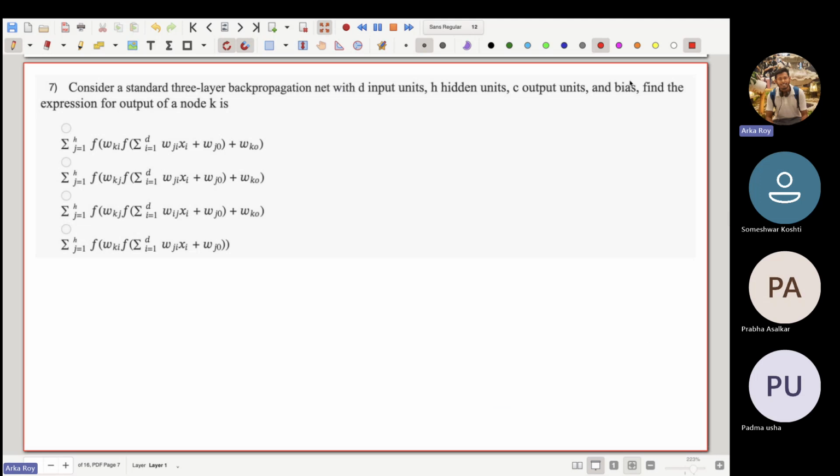Find the expression for the output of node K. So let's say I have a neural network architecture like this. Just for simplicity again, let me connect the neurons.